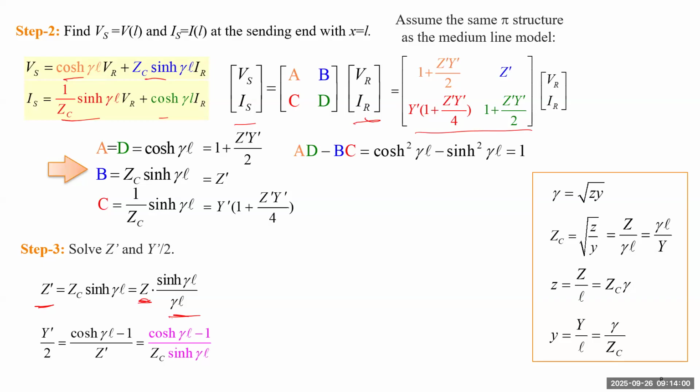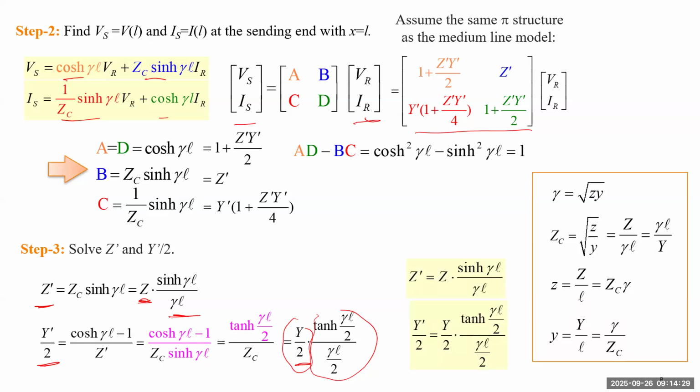And Y prime over 2 can also be considered as half Y, the half of the admittance, if you split the total admittance into two halves, one on each side, multiplied by a factor. So there's a very simple relationship between capital Z, capital Y, and capital Z prime, capital Y prime. This is what we concluded at the end of the Wednesday lecture.